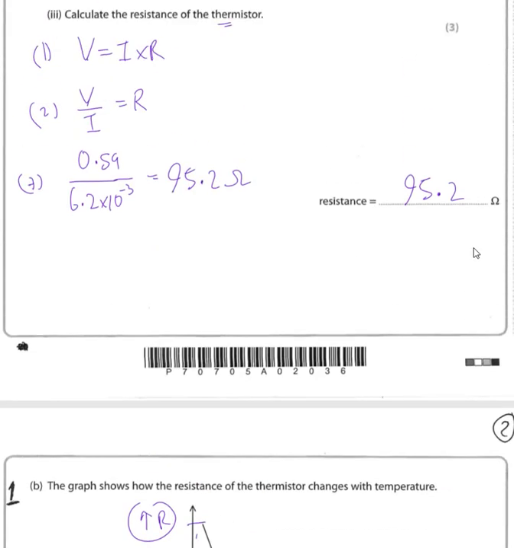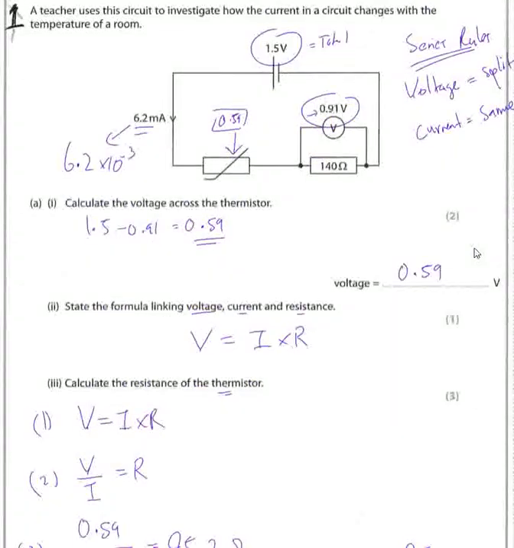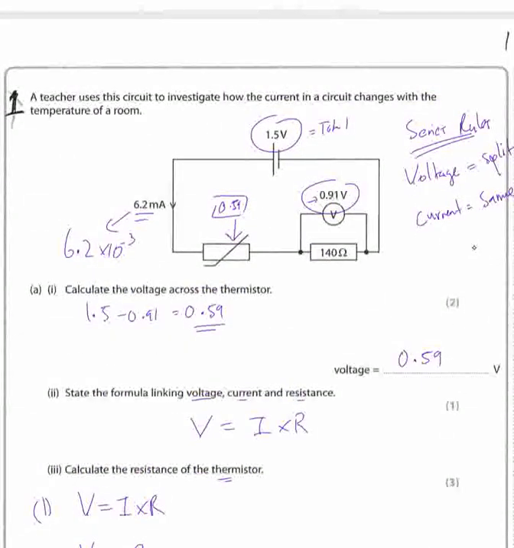Now let's go back to the diagram because we need to understand what is going on here. The resistance of this one increases. If this resistance increases, then the voltage across it will also increase.